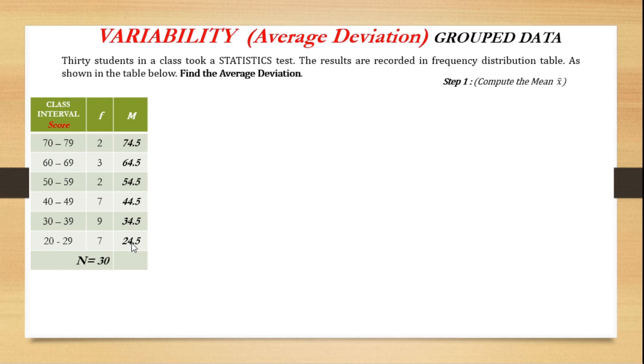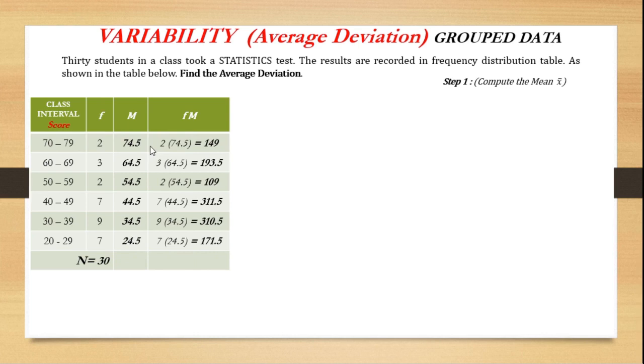After getting the midpoint, we have to multiply the column for the frequency to the column of the midpoint. So, create another column for the FM.